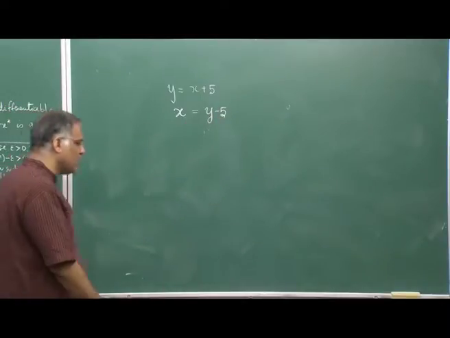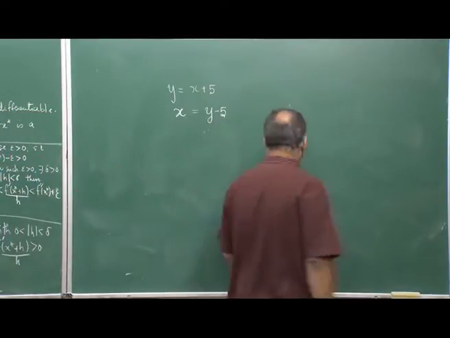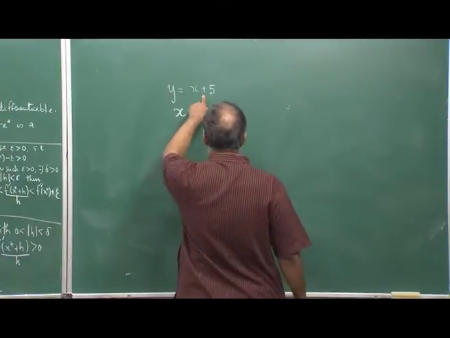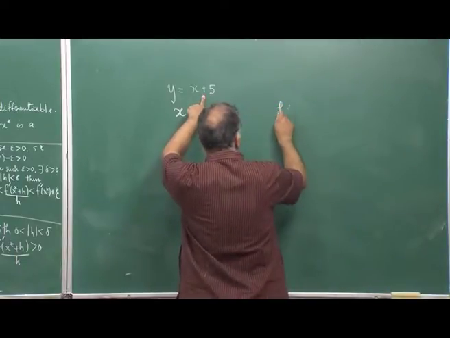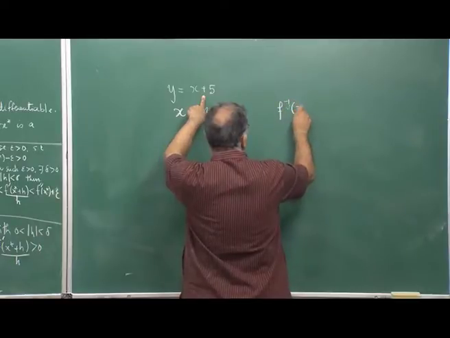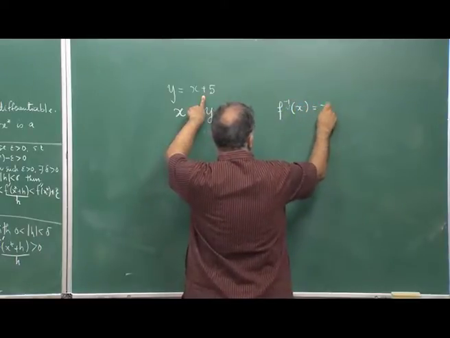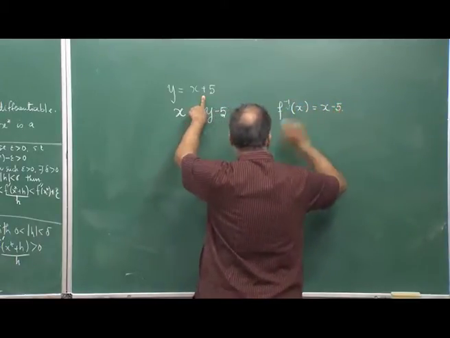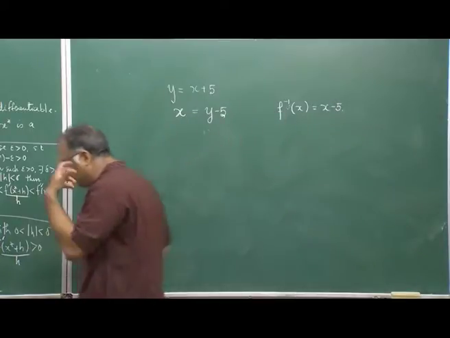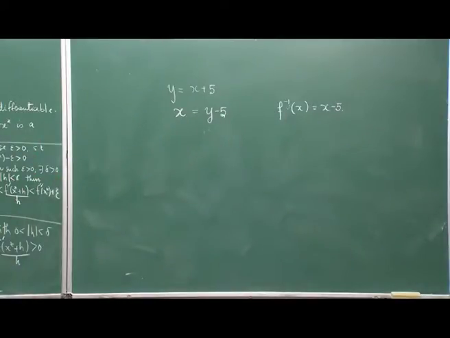See, if somebody asks me what is the inverse function corresponding to this function, it is traditional in mathematics to say f inverse of x is x minus 5. Actually this is y, but these are dummy variables, and this is a traditional way of writing it.